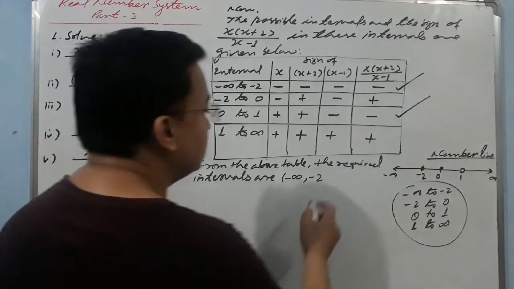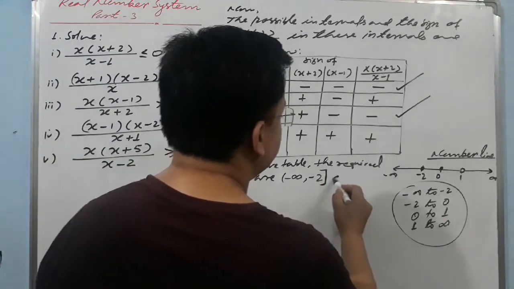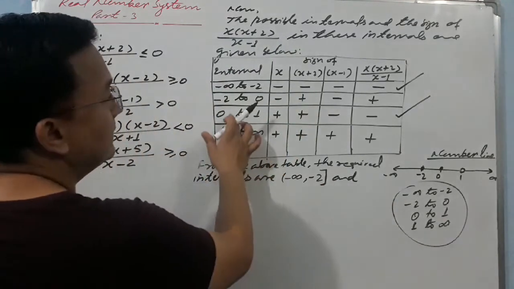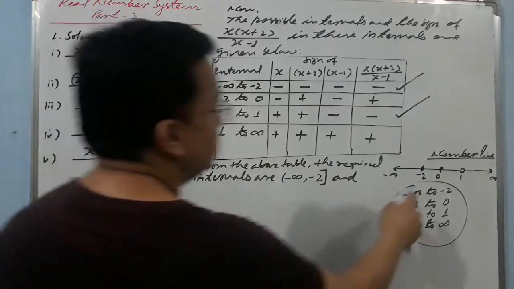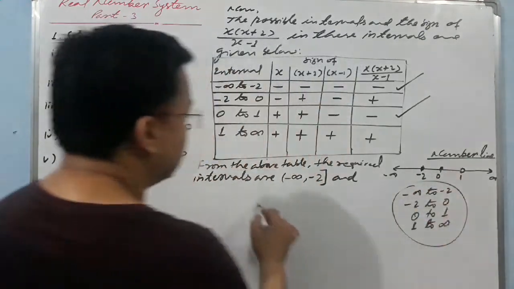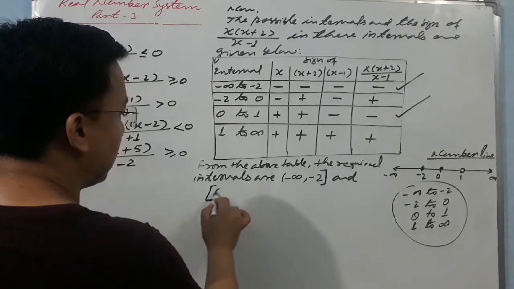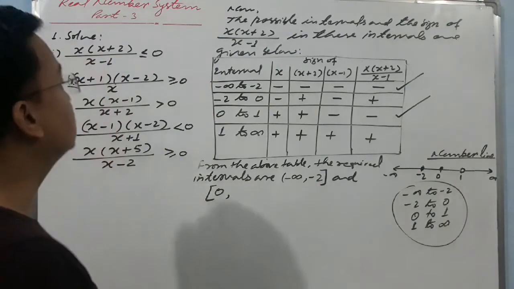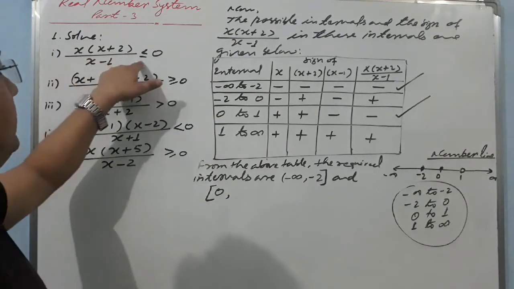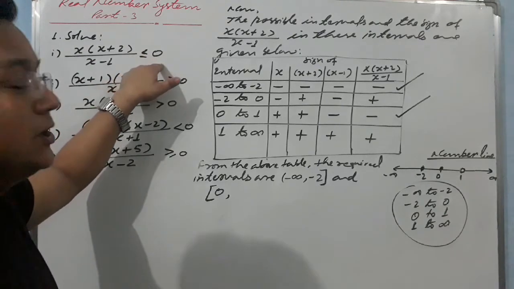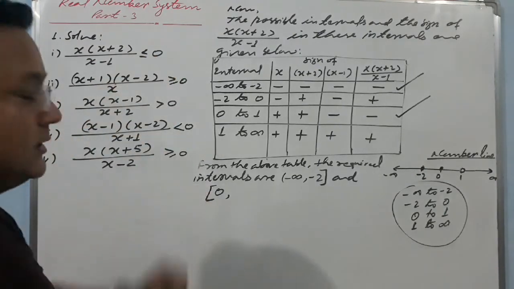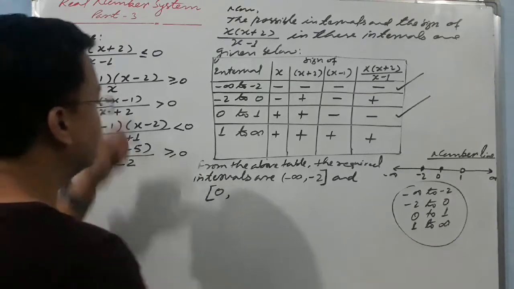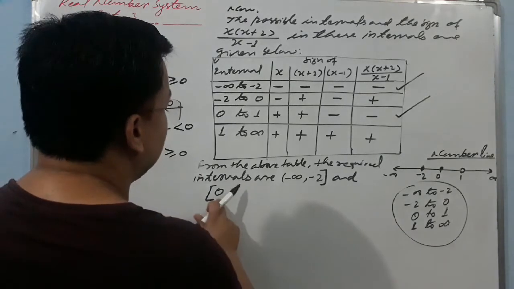With a dark circle you need to take a square bracket. With 0 also we have a dark circle, so you will use a square bracket at 0. Why? Because at x is equal to 0, the left hand side becomes 0, equal to 0. That's why 0 is also a solution for this inequality.